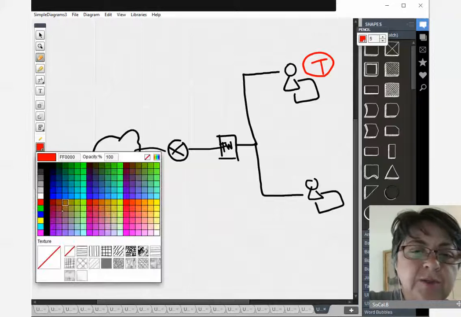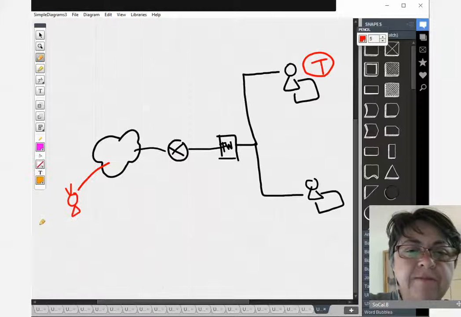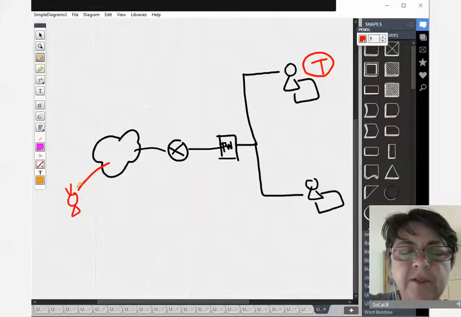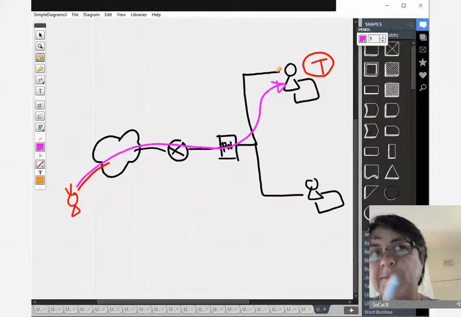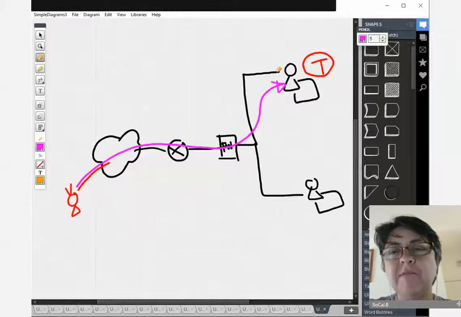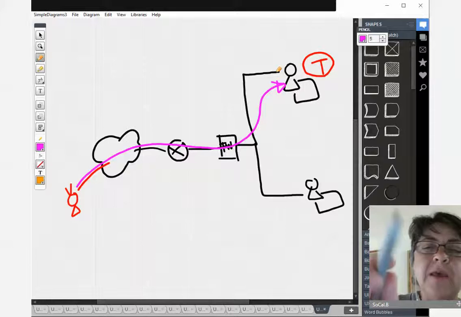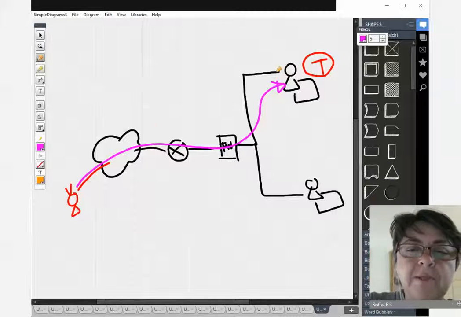Let's say somehow the attacker launches an attack through the firewall, right there. I mean, this may not happen, but let's just say this happens, and the IP address is spoofed.